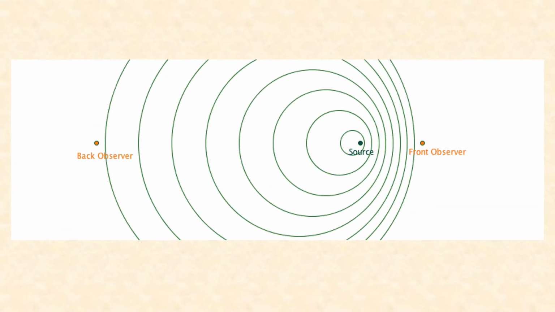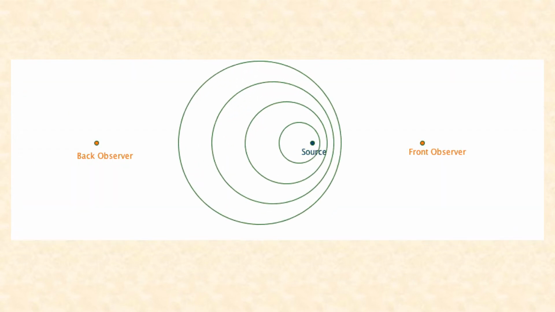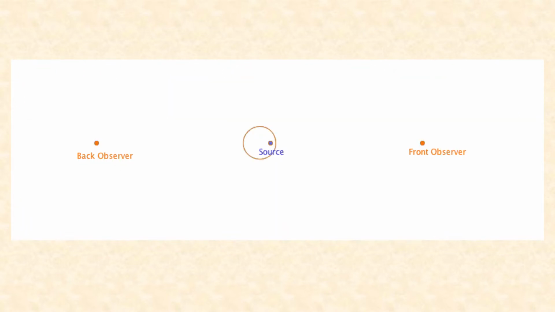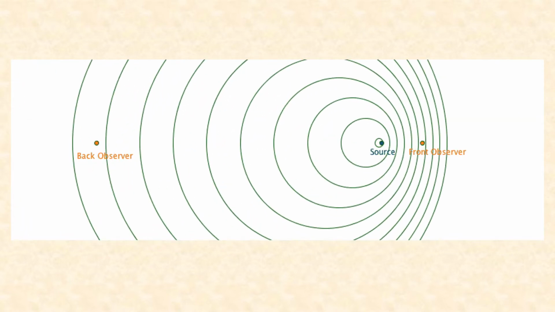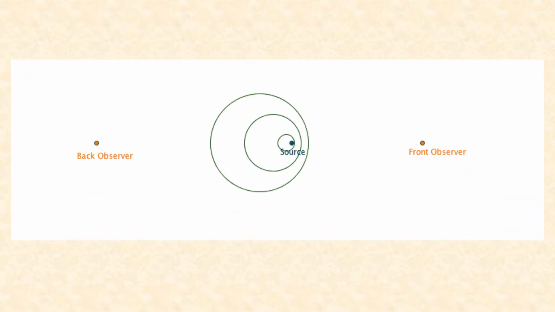So what causes this change in wave frequency as the wave source moves relative to the observer? Let's take a look at a wavefront diagram to explain this frequency change. Notice in this diagram that as the wave source moves to the right, it is catching up to the waves that it has just emitted.